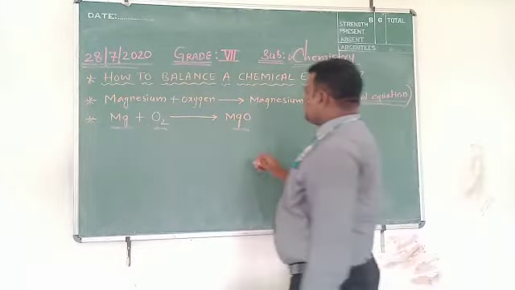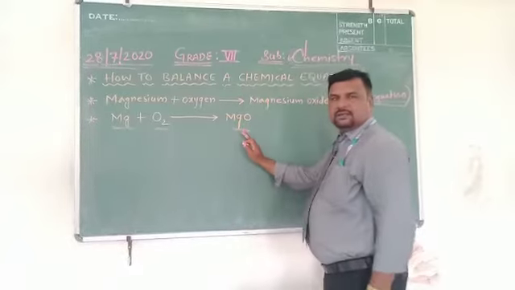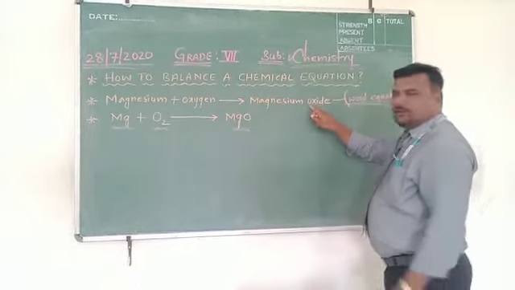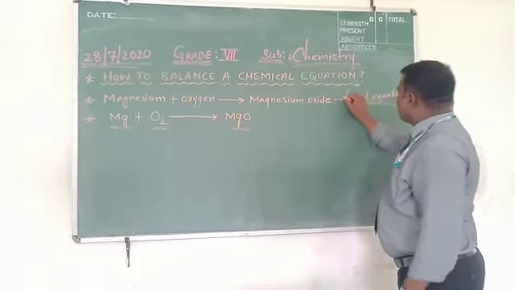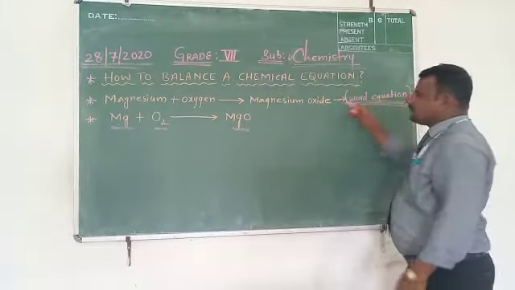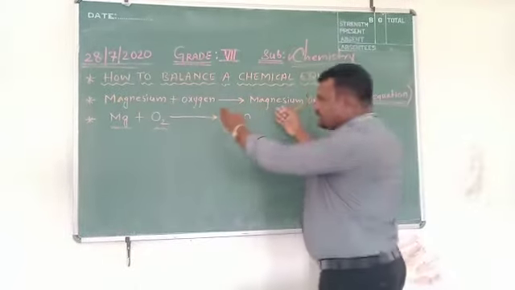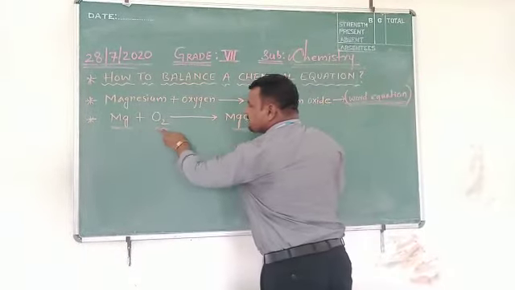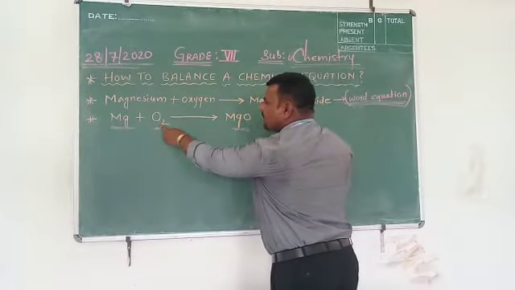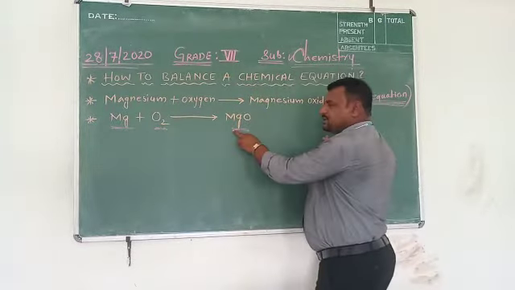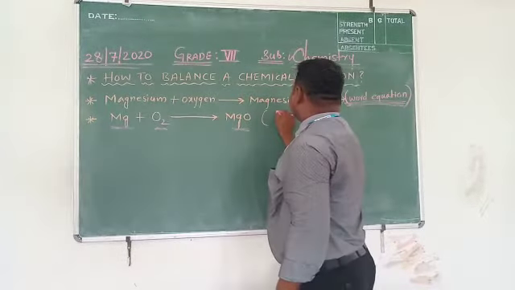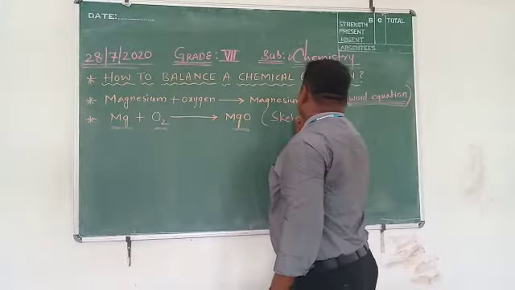This is a chemical equation, but what kind? We call this also a chemical equation, but it is written in word form, so we call it a word equation. The same word equation down below is written using the symbol of magnesium, the symbol of oxygen, and the symbol of magnesium oxide. So we call this a chemical equation, but it is skeletal.